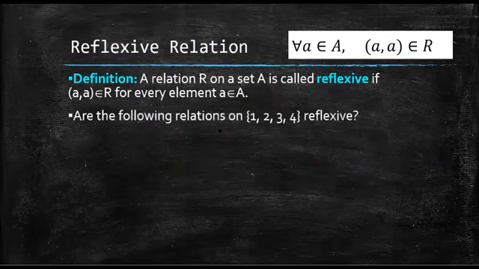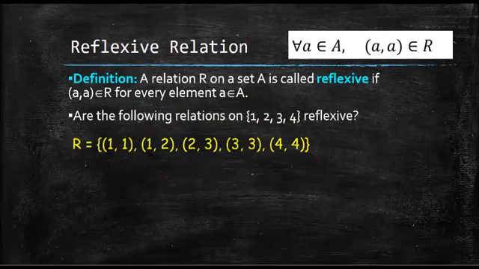Now we are supposed to check a few relations. Are the following relations on the set {1, 2, 3, 4} reflexive? For the first one, the relation R consists of 1, 1, 1, 2, 2, 3, 3, 3 and 4, 4. Now what is (a, a) for every element of this set?